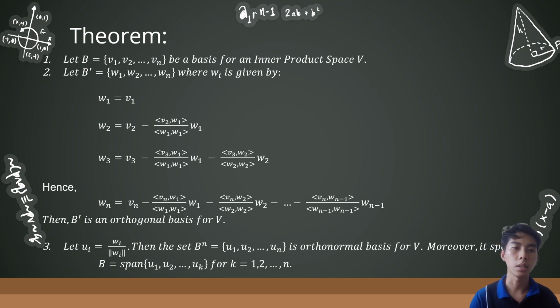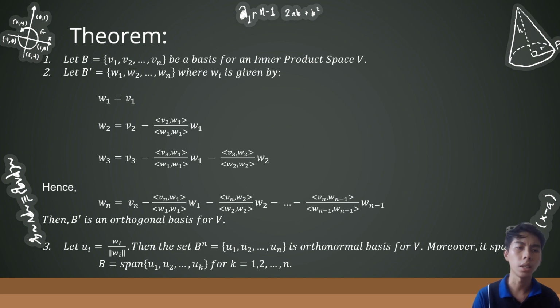So w sub 1 is always equal to v sub 1. Then in finding w sub 2, we have v sub 2 subtracted by the inner product of v sub 2 and w sub 1 all over the inner product of w sub 1 and w sub 1, multiplied by w sub 1, where w sub 1 and v sub 2 are the given vectors.